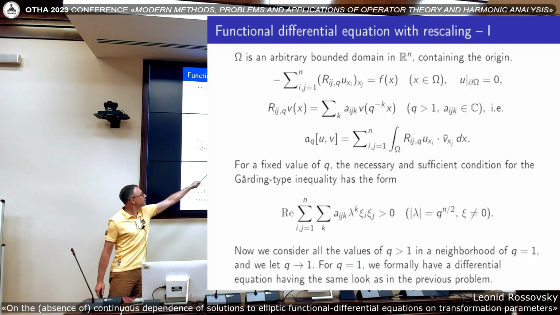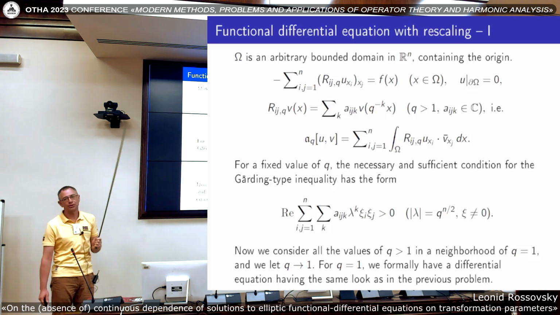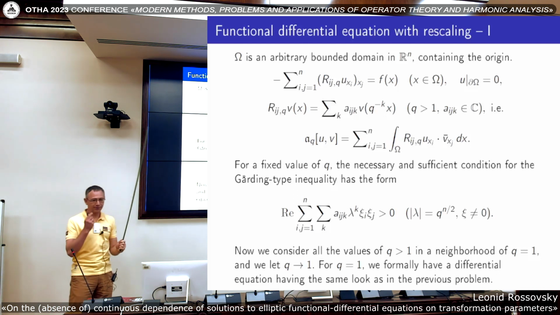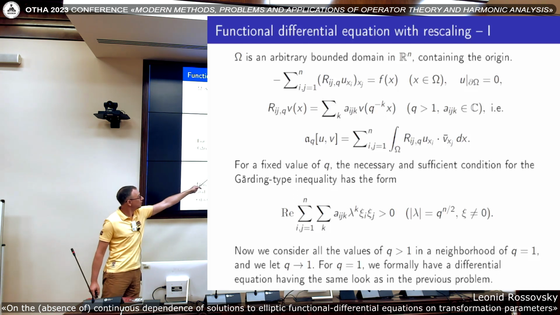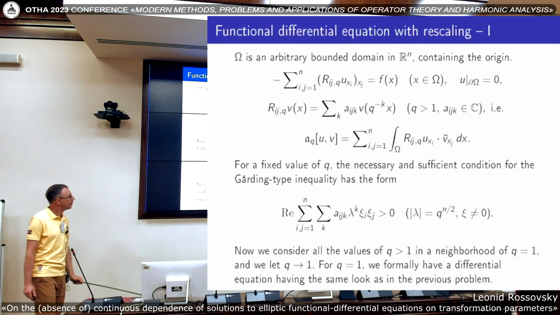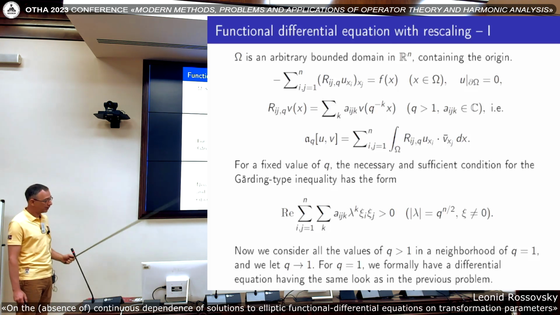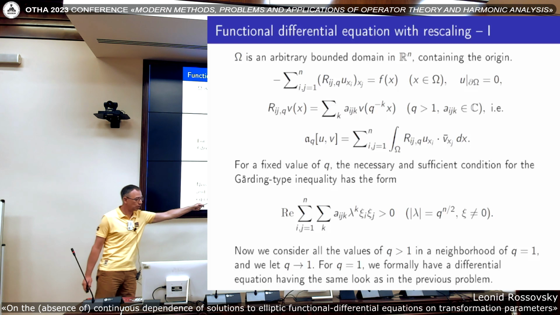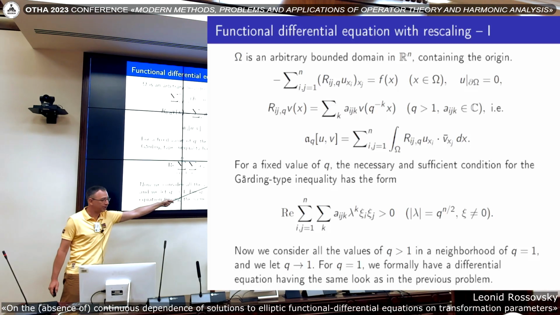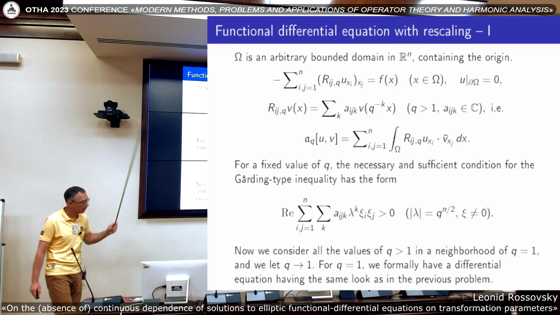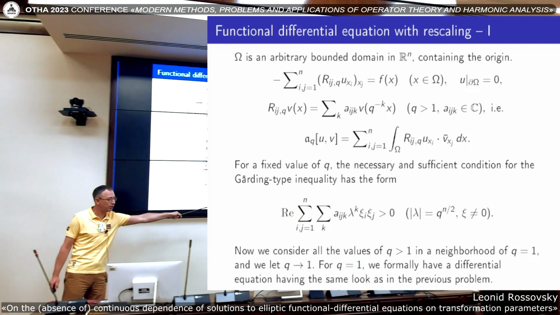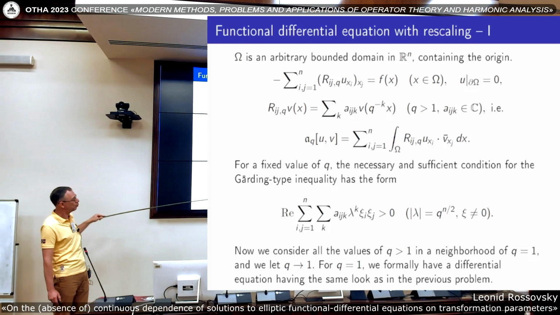And all the scaling parameters here are positive powers, negative or positive, of 1 parameter q, greater than 1. And for a fixed value of q, the necessary and sufficient condition for the Gårding type inequality has the following form. So the dependence on q is easily seen here. But now we consider all the values of q greater than 1 in the neighborhood of q equal to 1, and we let q go to 1.